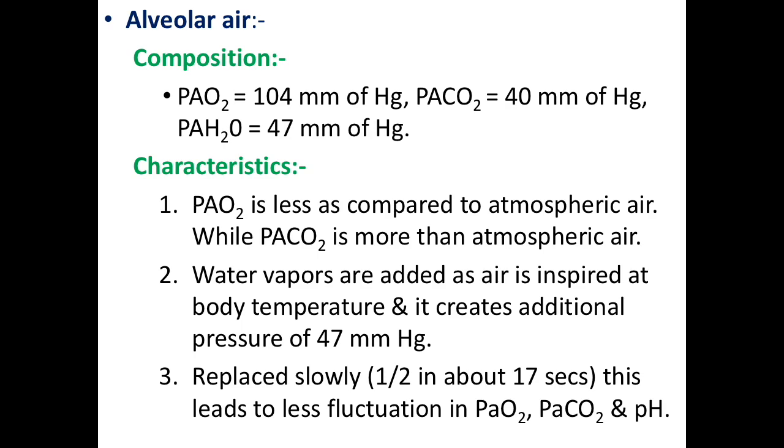Second, water vapors are added to this air as it is inspired at body temperature and it creates an additional pressure of 47 millimeter of mercury. Last, this alveolar air is replaced very slowly and this leads to less fluctuation in partial pressure of oxygen, partial pressure of carbon dioxide and pH of alveolar air.